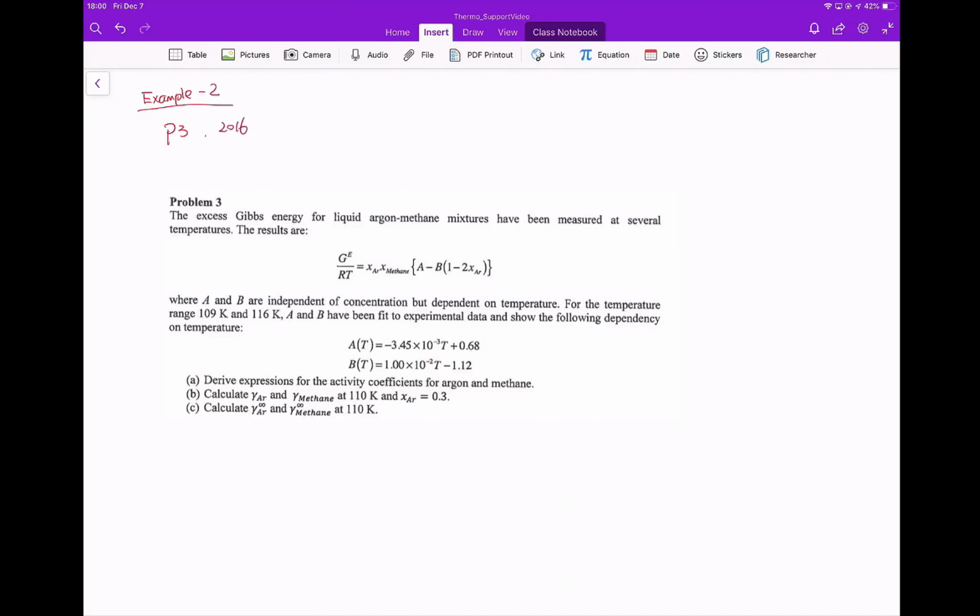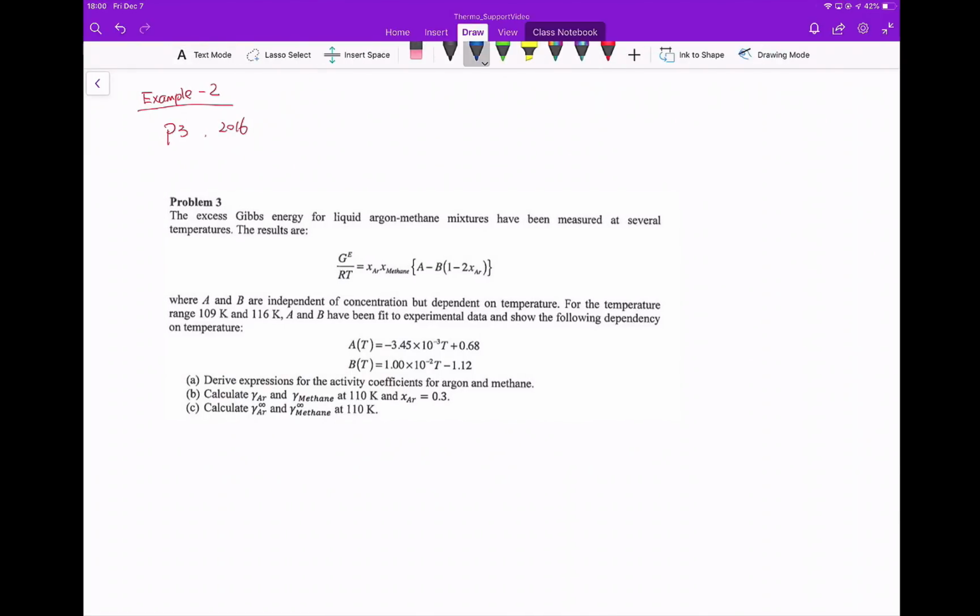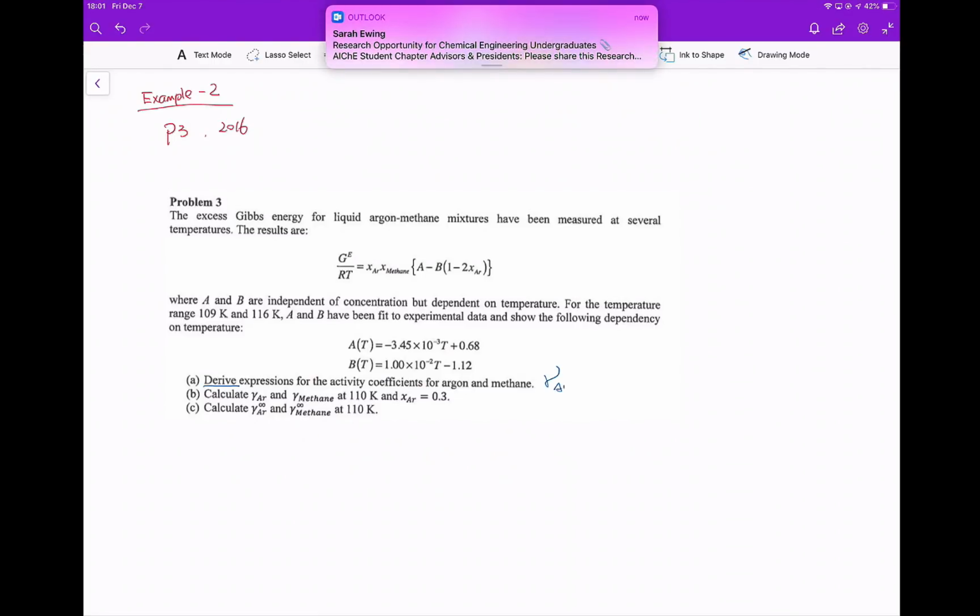So the first is we need to derive expressions for the activity coefficients for argon and methane. The second is to calculate the activity coefficients for argon and methane.